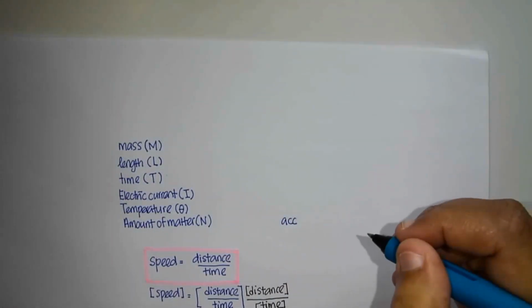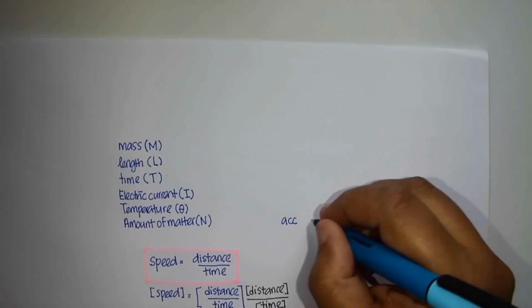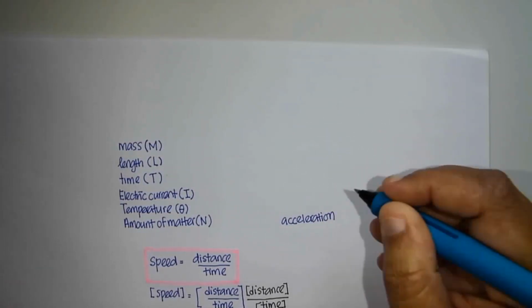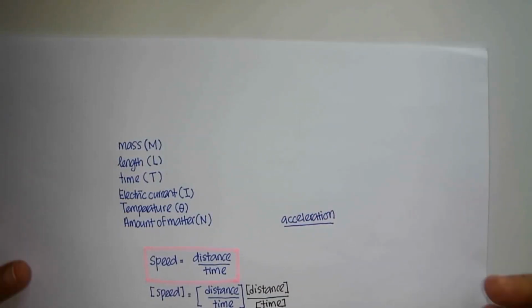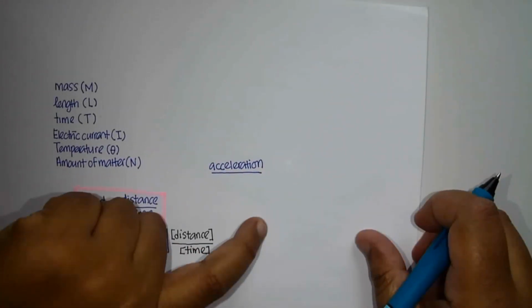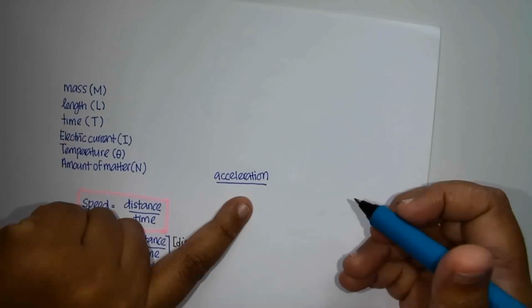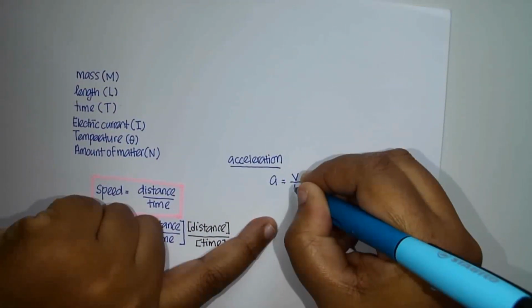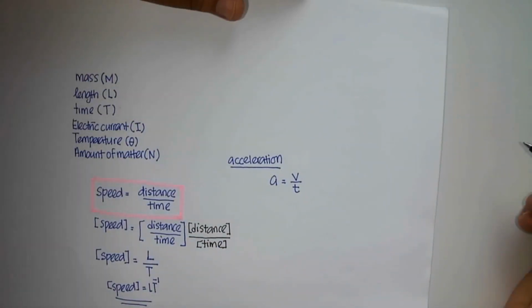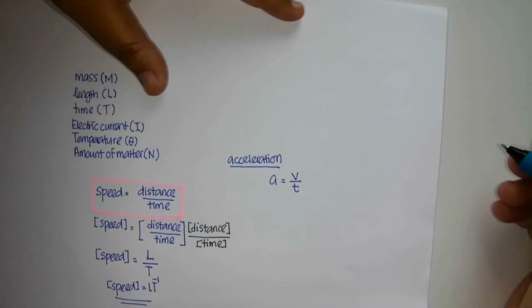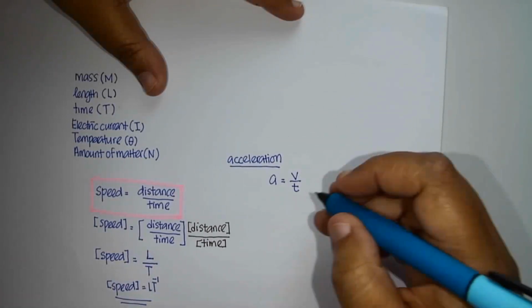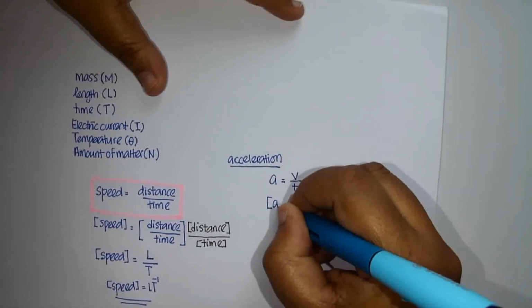From the definition, I will know that acceleration a is equal to v over t. So if I want to go for dimension, what I do is I put a bracket.